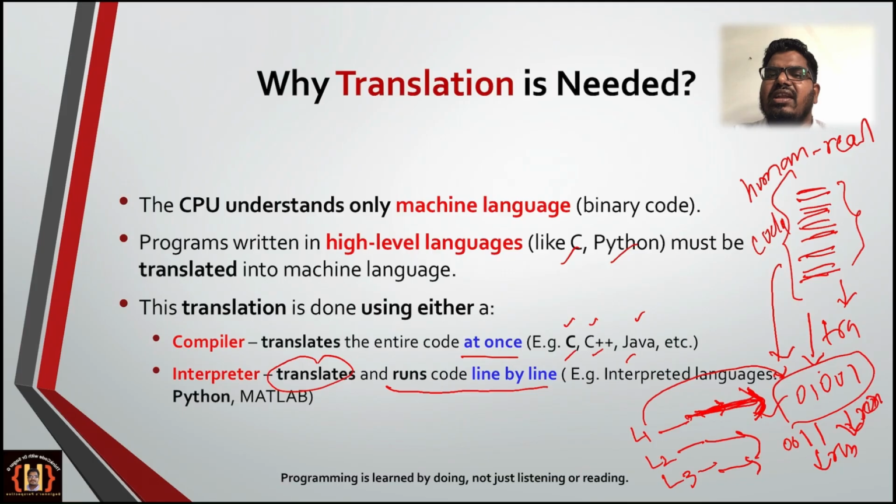These kinds of languages are called interpreted languages. Interpreted languages means one instruction after another is translated and run line by line. Examples of interpreted languages are Python and MATLAB.